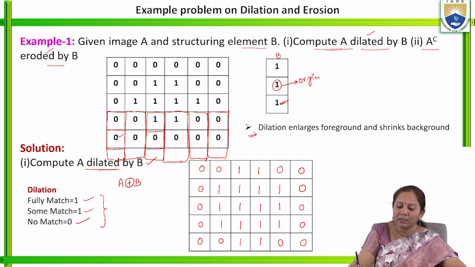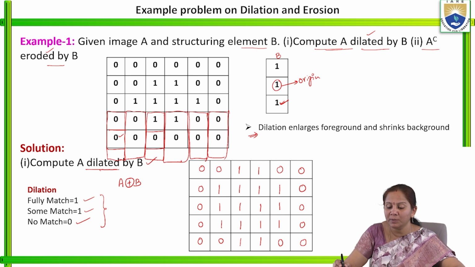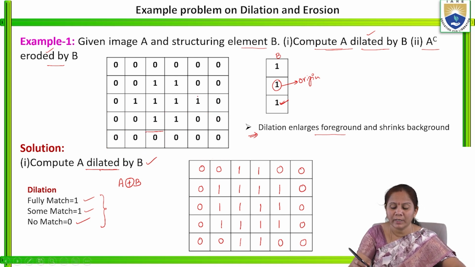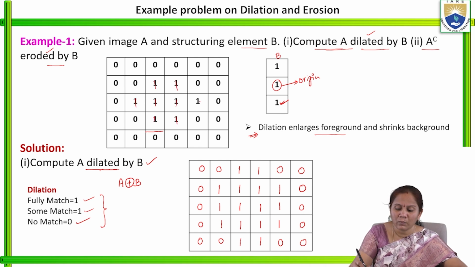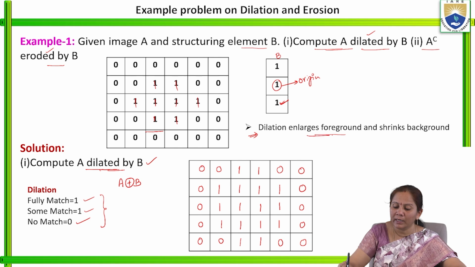So we have seen the function of this dilation operation. What it means is that dilation enlarges the foreground. Here, this is the given image. We can see only these are the ones in the given image A. If we apply this dilation operation, the output image is enlarged.